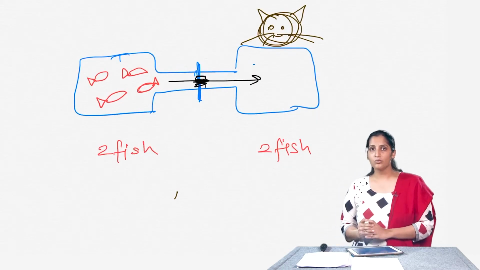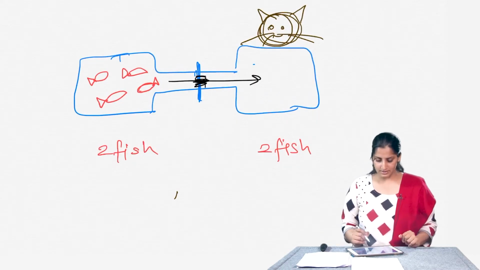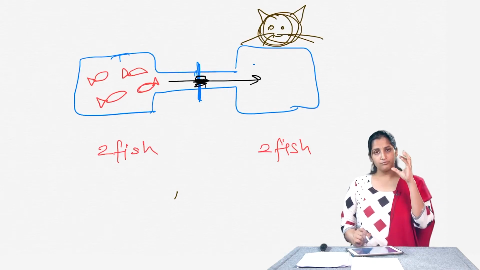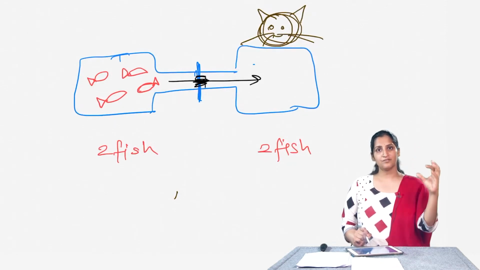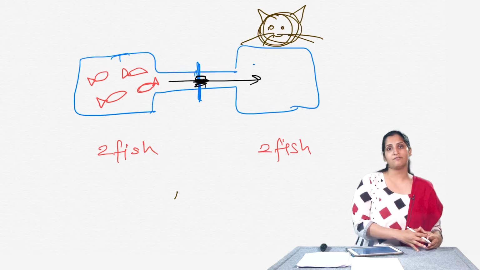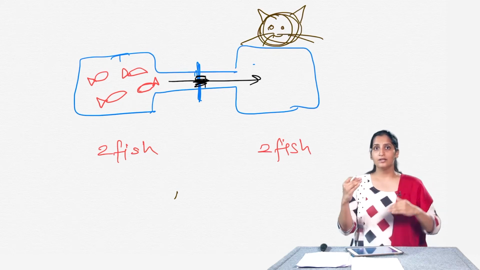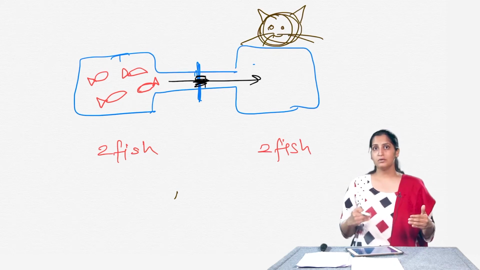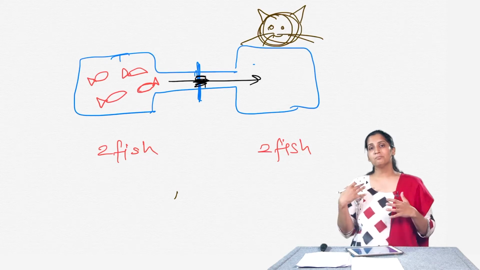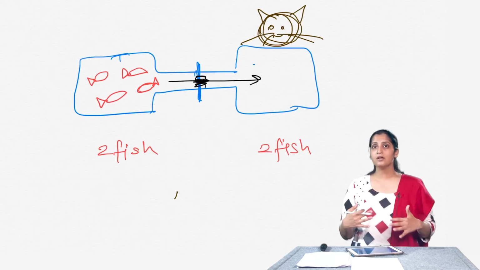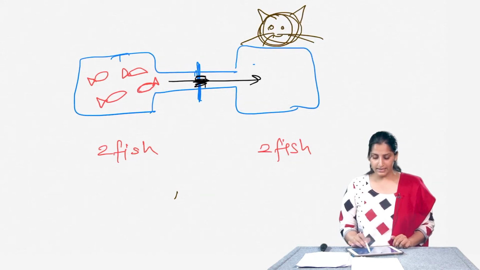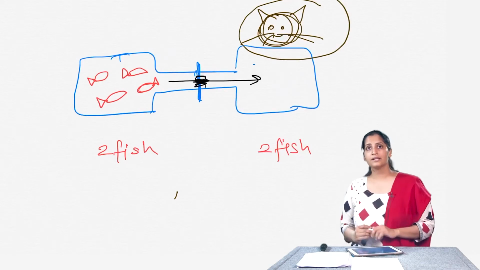The answer would be no, right. As a result of the cat, what happens is the fishes tend to be more on the left hand side than the right hand side. So, the equilibrium is skewed, meaning the stability of the products and the reactants is different because we have added some other factor, right, like the cat.